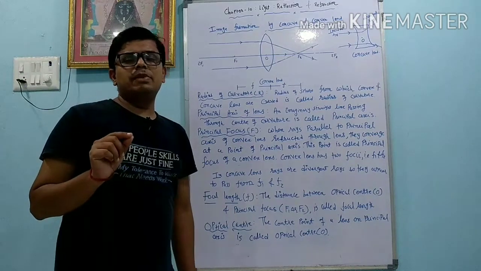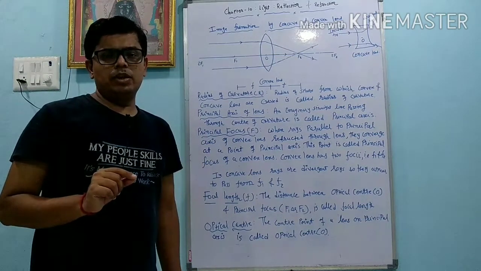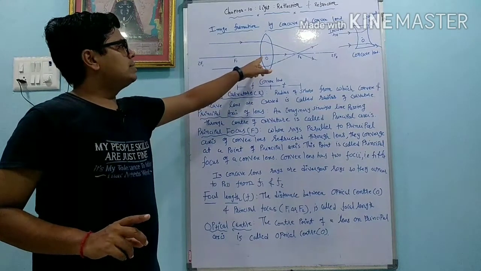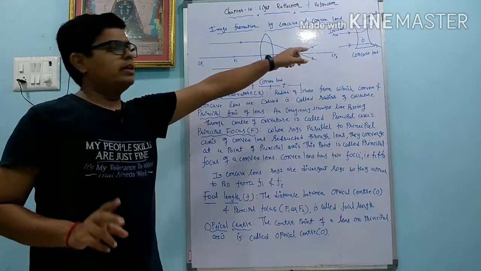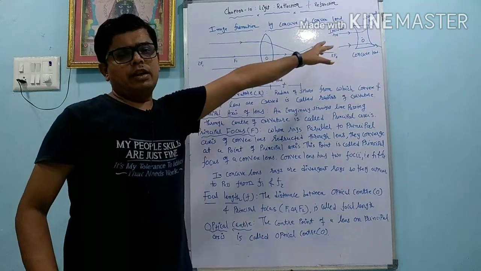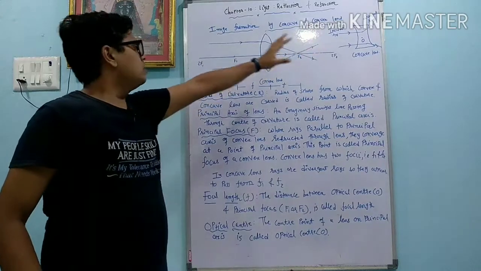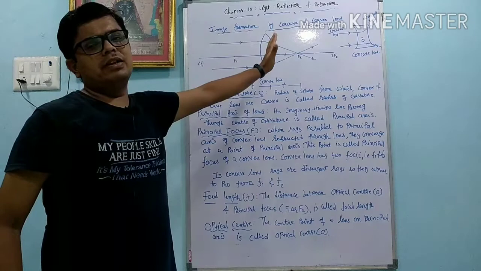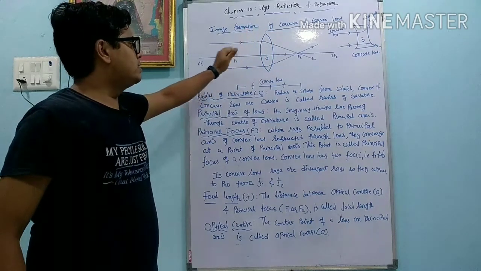Principal focus is represented by capital F. In the case of convex lens and concave lens, two are there, F1 and F2. First, we consider that rays always fall from the left hand side to the right hand side, according to the Cartesian sign convention.